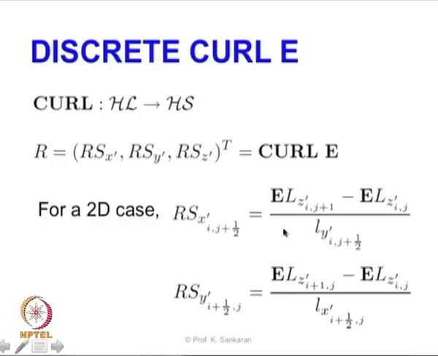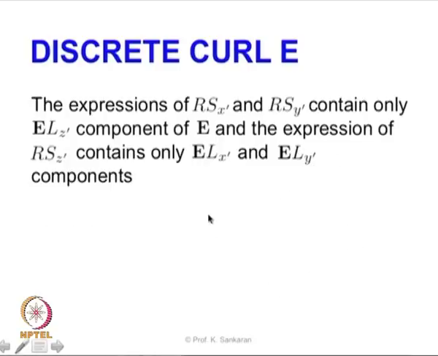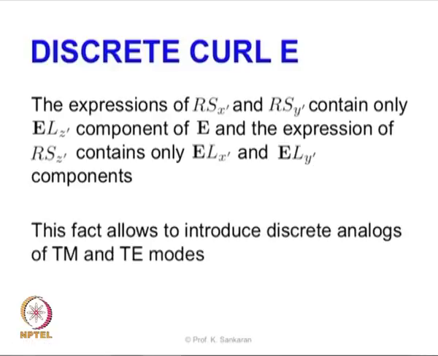It has only the El z prime component, whereas the expression for Rs z prime contains both Elx prime and Ely prime. So that is something we expect from the Maxwell equation itself, and this fact is very much allowing us to introduce discrete analogues of the TM and TE modes.